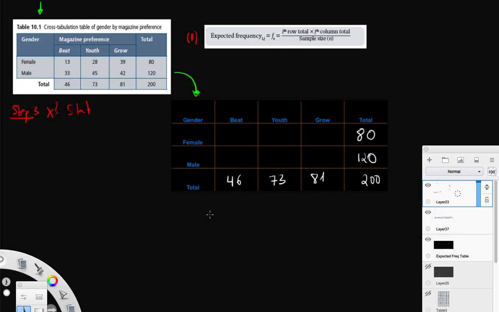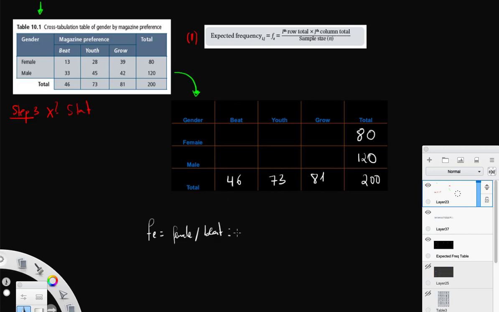Now here's what you need to do. So I'm just going to write expected frequency, let's say for female and beat. Female and beat.